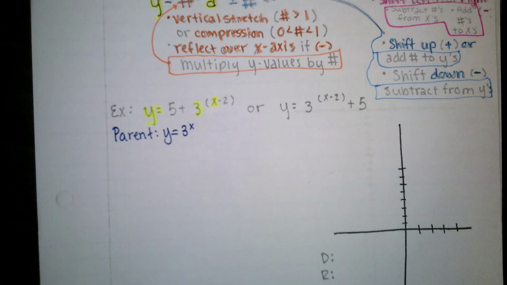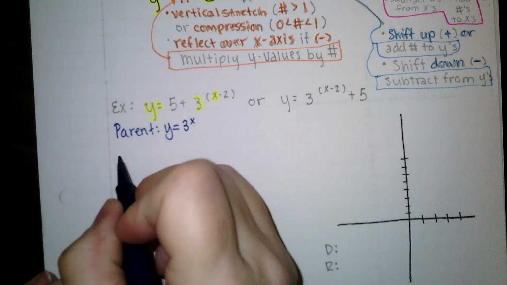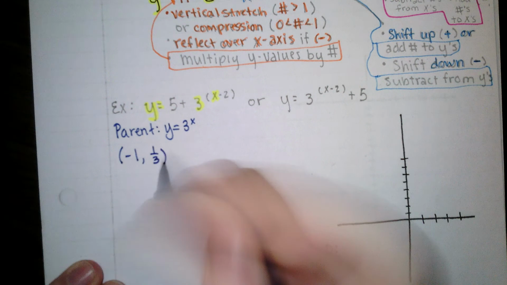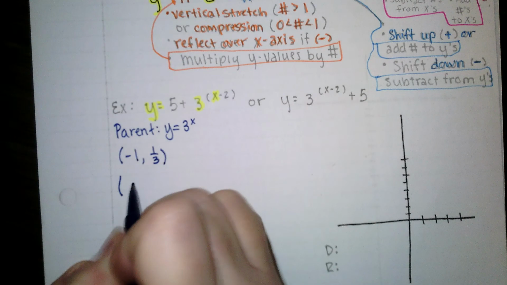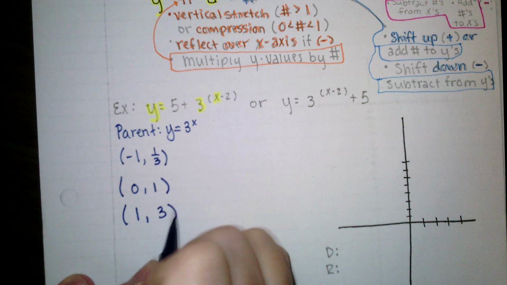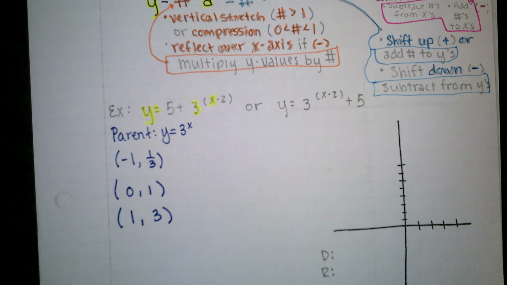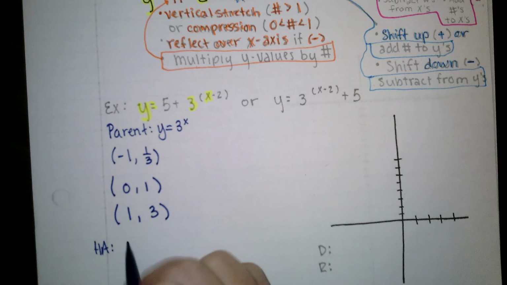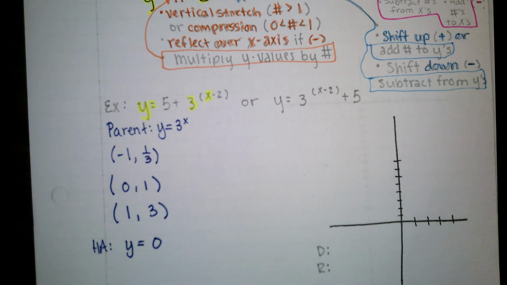That's going to allow you to identify your 3 starting points and your horizontal asymptote. So our 3 starting points would be -1, 1 over base, so 1/3, 0, 1, and then 1 base, which would be 1, 3. And then our horizontal asymptote on exponential functions will be y equals 0.